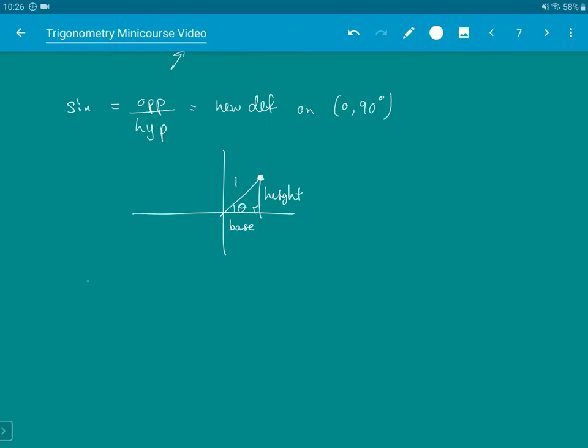So let's compute sine of theta. Sine of theta is equal to opposite over hypotenuse, which is equal to the height over 1, which is just equal to the height.